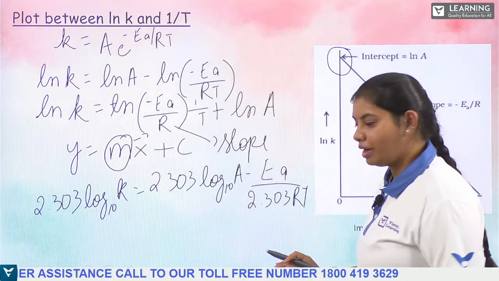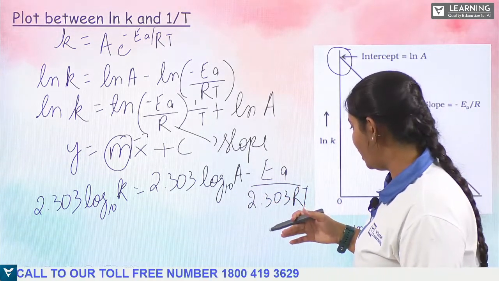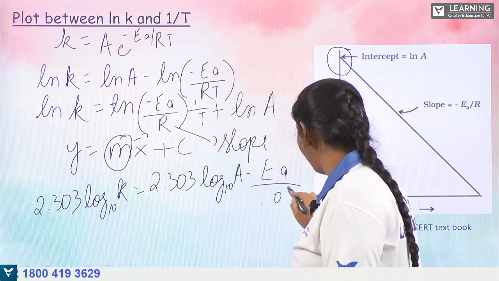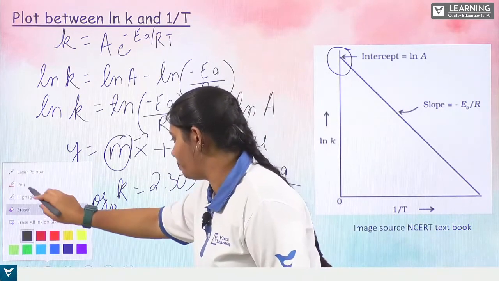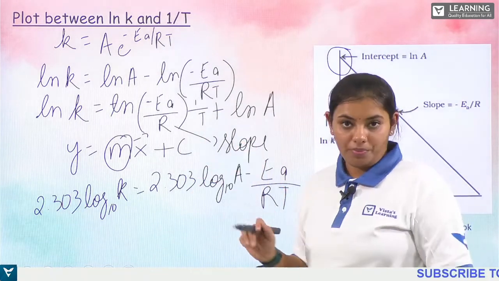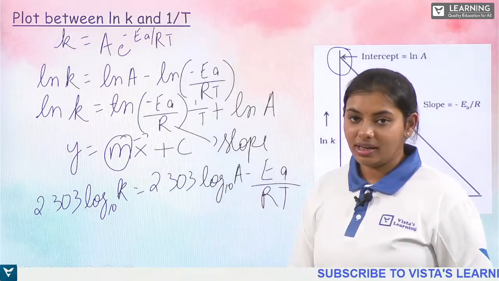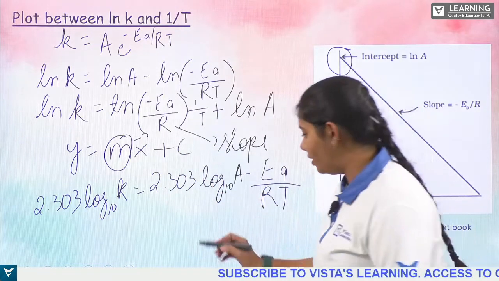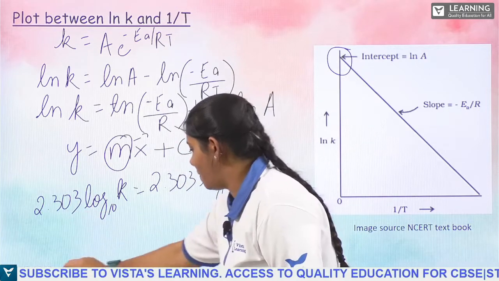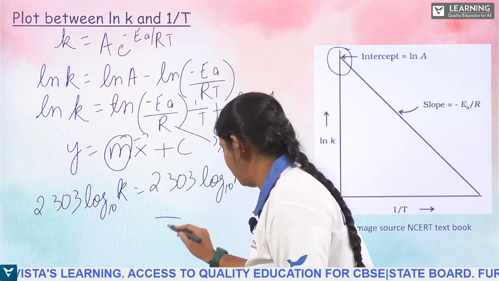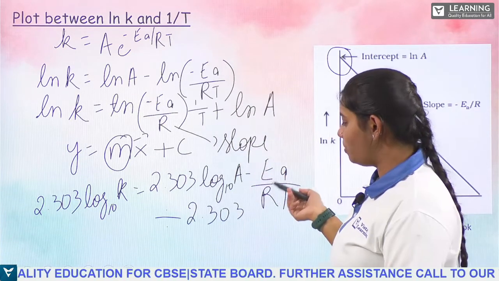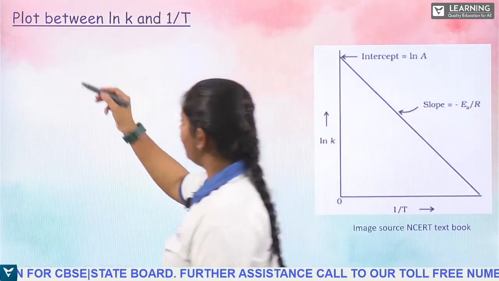This is what we are going to get once we are converting it into log. Now I'm just going to take away 2.303, so I will divide it by 2.303. Okay, so once I divide it by 2.303, what am I going to get?